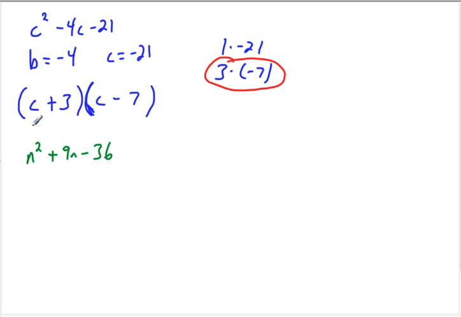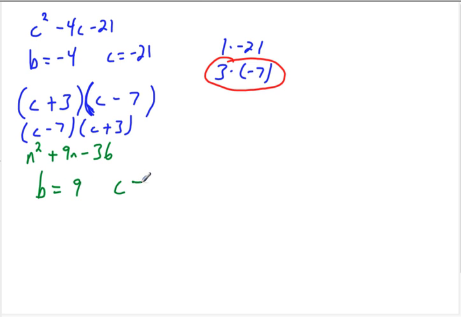So you could have also written, if you wanted, C -7 times C plus 3. When you FOIL both of those, you'll see you get the same answer. Check it. C times C is C squared. -7 times 3 is -21. -7C plus 3C is -4C.